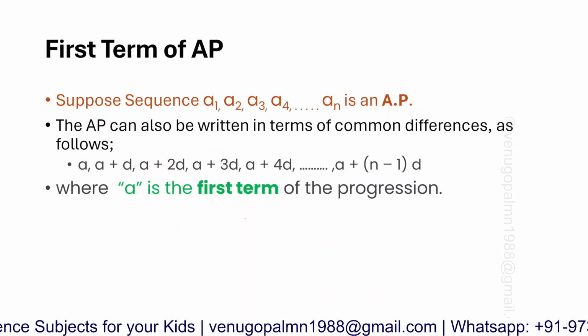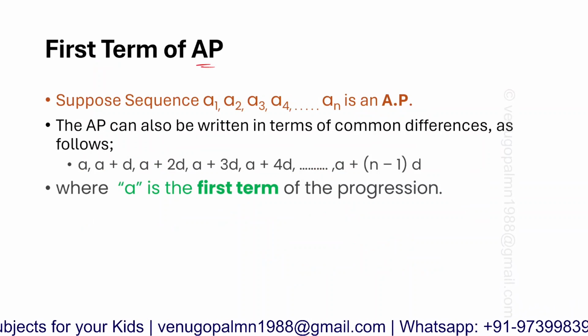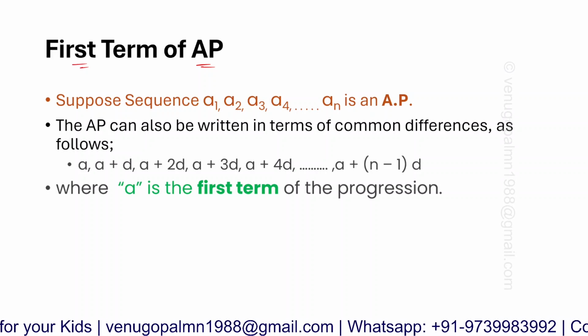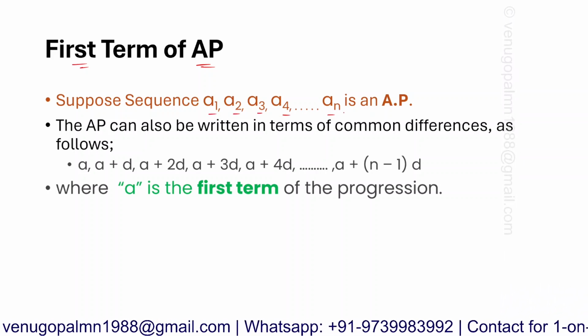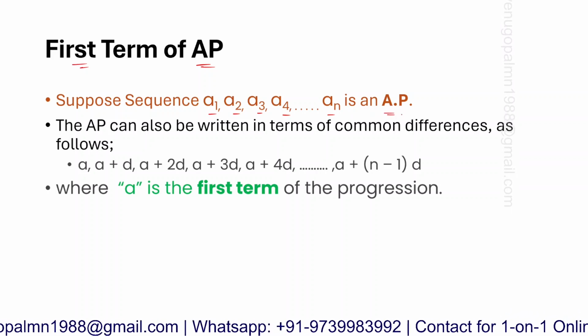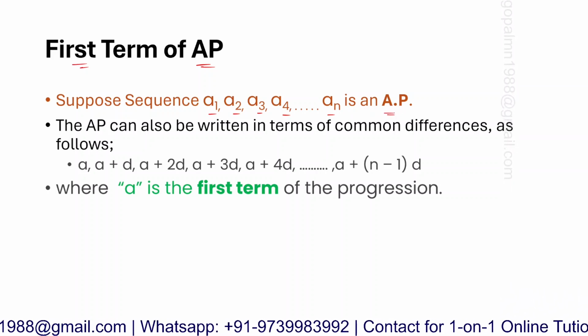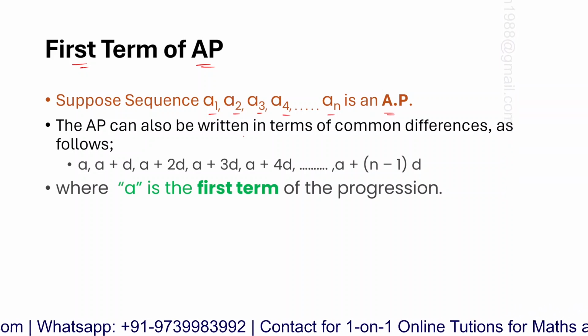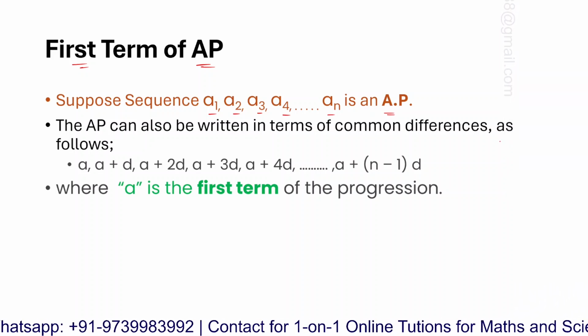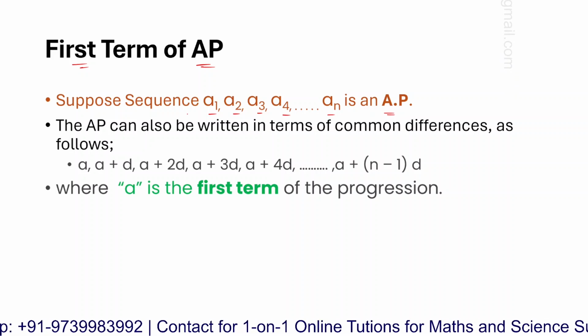Moving on, the first term of an arithmetic progression. Suppose we have a sequence a1, a2, a3, a4 and it moves all the way to an. Already we are assuming that this is an arithmetic progression which has n numbers. The AP can also be written in terms of common differences. See the above AP.